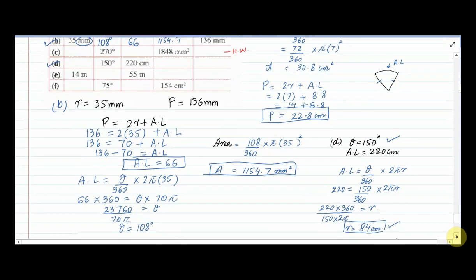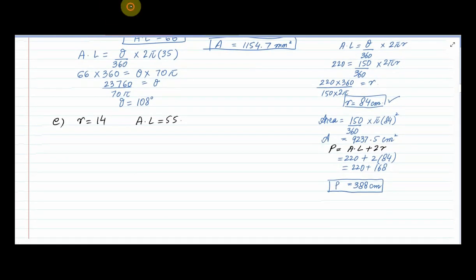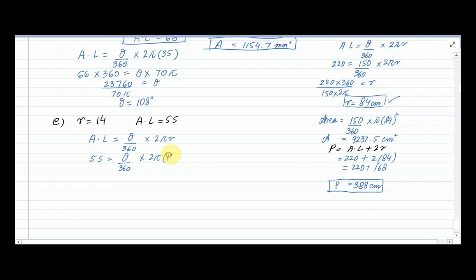So first you can easily find the value of theta by using the working formula of arc length, that is angle divided by 360 multiplied by 2 pi r. So arc length 55 is equal to angle divided by 360 multiplied by 2 pi, and radius is 14, right?